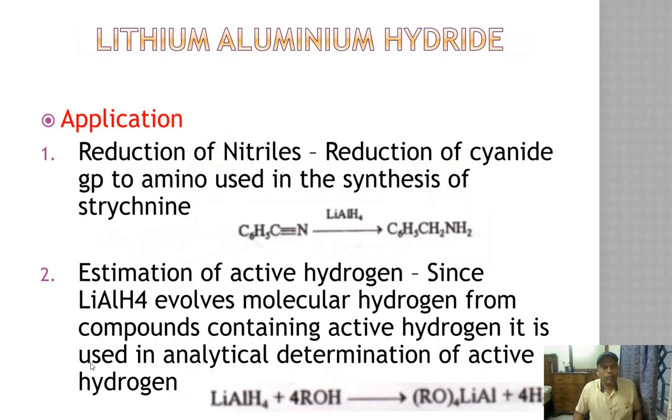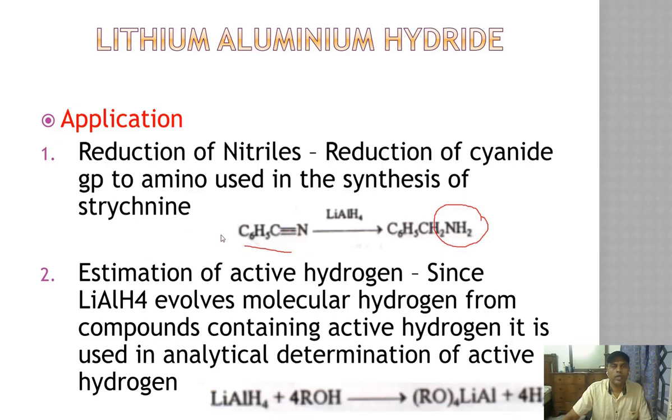So next are the applications. First one is the reduction of nitriles, reduction of the cyanide group to amino, used in the synthesis of strychnine. So here's your nitrile group, the cyanide group.